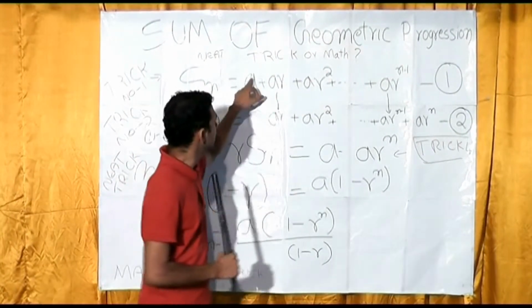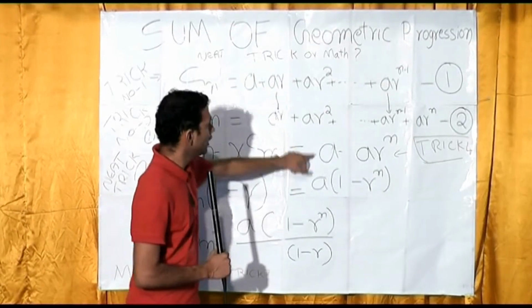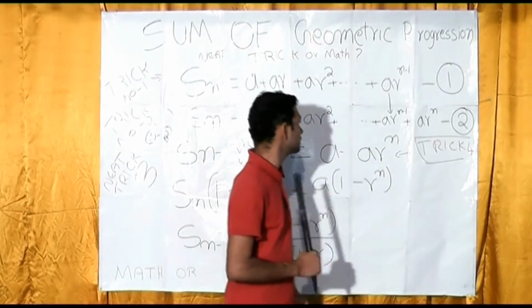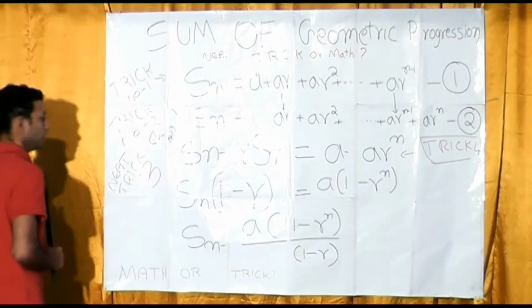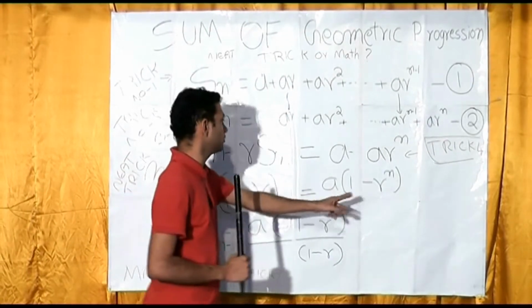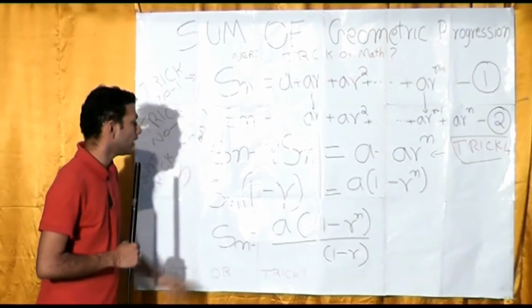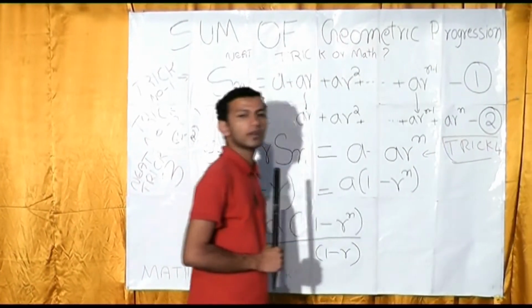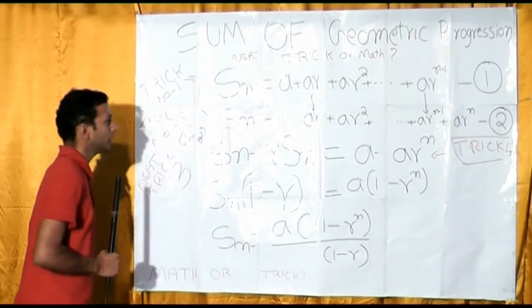You will get a minus ar to the power n, because all the other terms are cancelled. Finally, Sn is common, 1 minus r is equal to this, and finally you get the answer Sn equal to a into 1 minus r to the power n divided by 1 minus r.